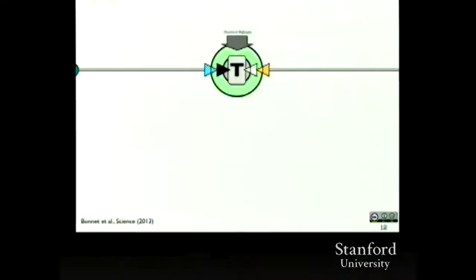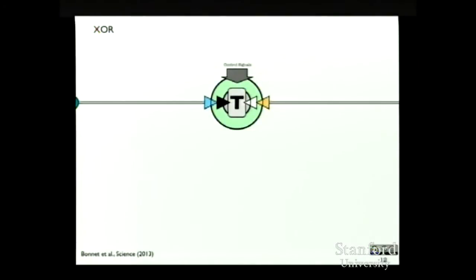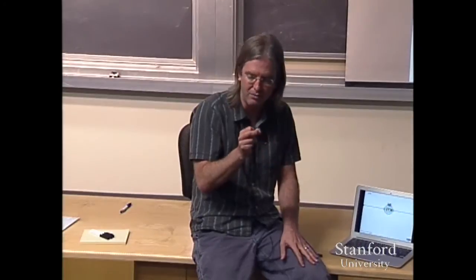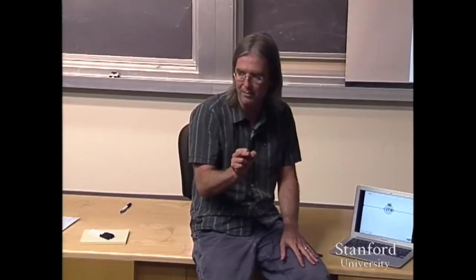So in this 0-0 input configuration, output's low. If the first control signal is high, then the terminator's flipped and the output's high. But if the second control signal comes in, the whole package flips again. So I'm able to integrate multiple control signals at a single point on my DNA wire.